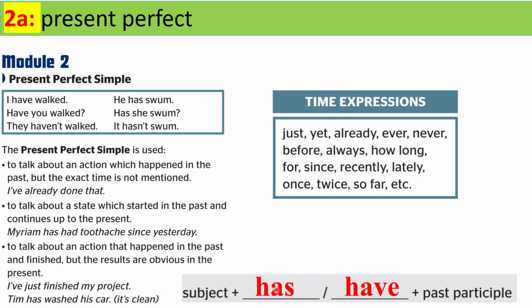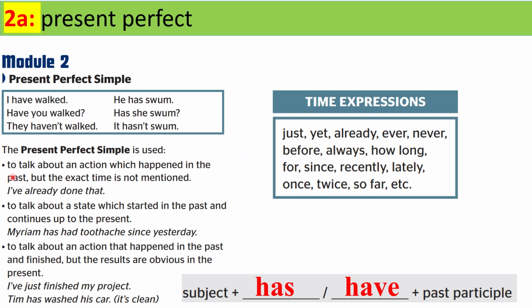We need a subject. Then, if you have he or she or it or a singular word, we put has plus past participle or verb 3. If you have I, you, we, they, or plural, I use have plus past participle or verb 3.